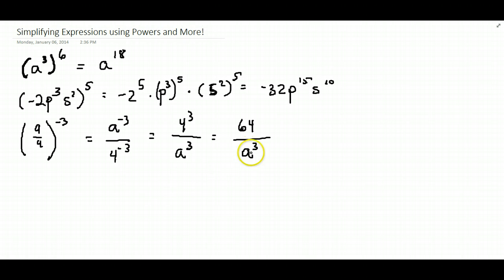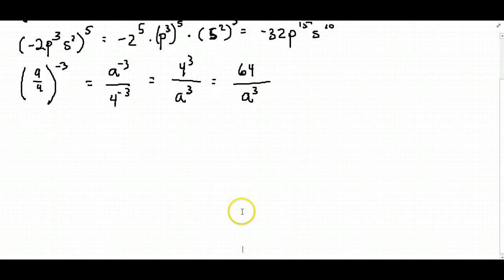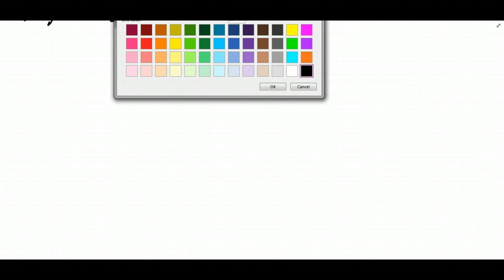Okay, so then the last thing I want to look at is a little trickier. We can use multiple properties to simplify an expression. Okay, so here we go. So what we have is open parentheses.